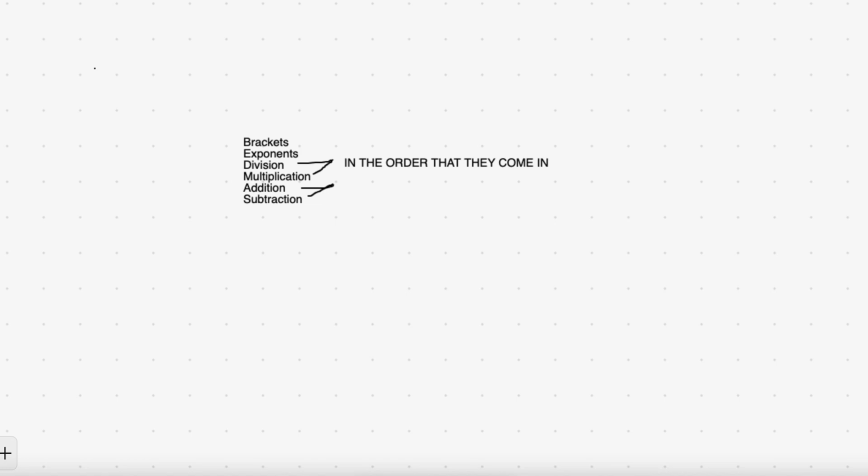Now, what does this actually mean? Here's a very basic example of BEDMAS. In this expression, 4 times 5 plus 6 divided by 2, what operation would you do first? Well, you would want to do the multiplication first. That might be a little confusing, as BEDMAS says division comes before multiplication.